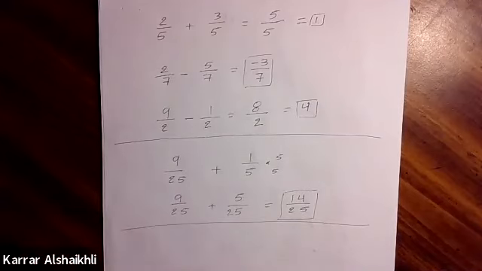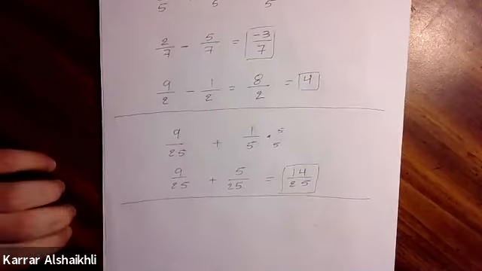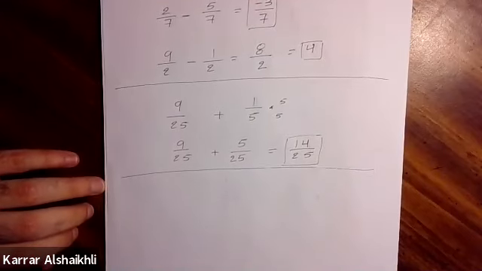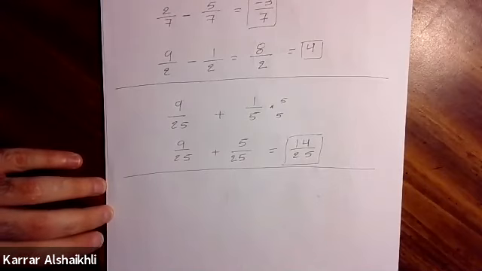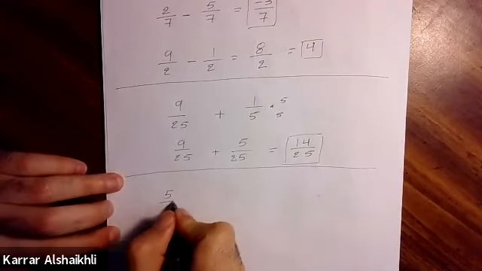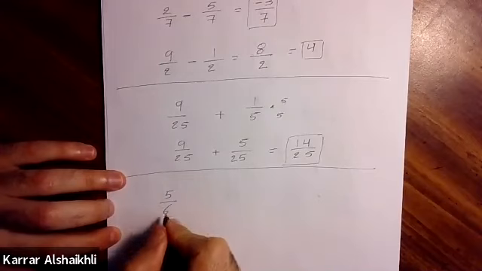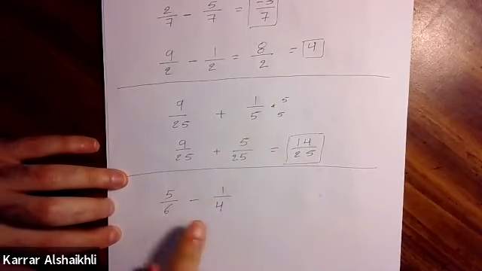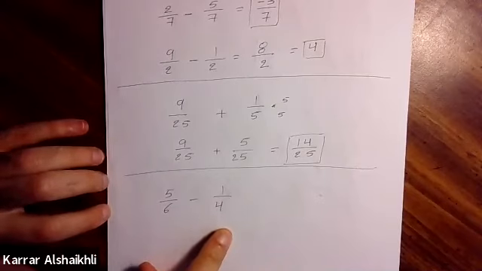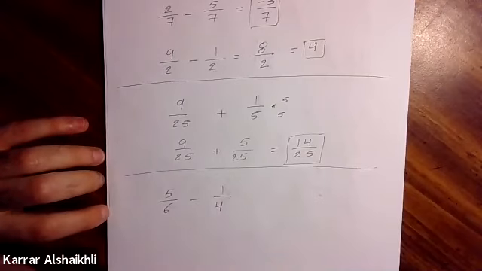Let's do another example about that, the same thing if you have addition or minus between two fractions. If you have 5/6 minus 1/4, you see, we have different denominators and we need to get exactly the same denominator.